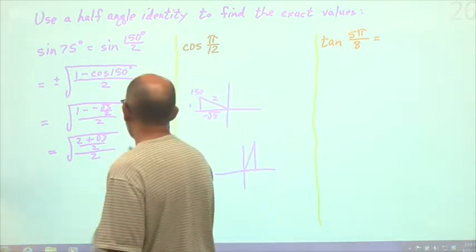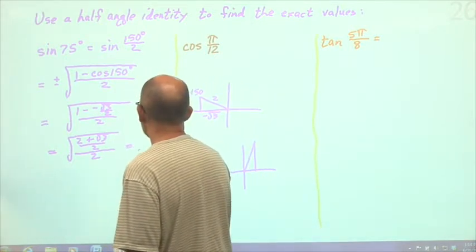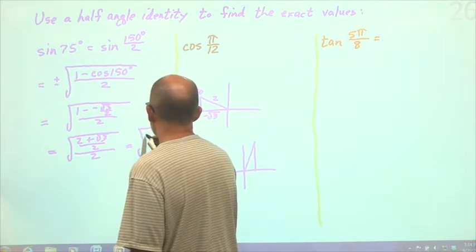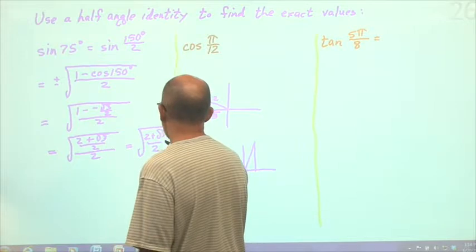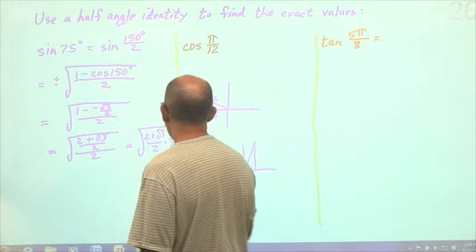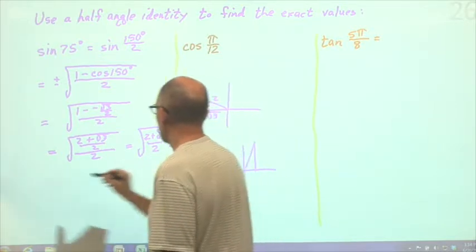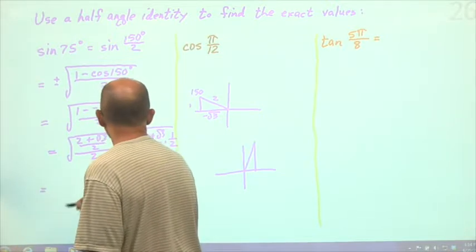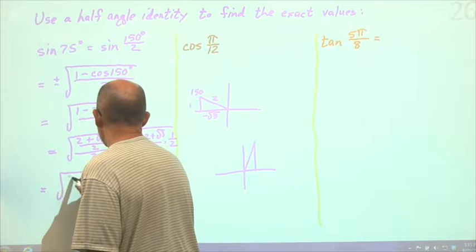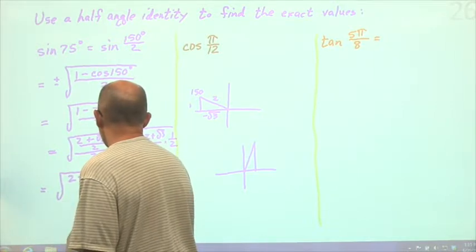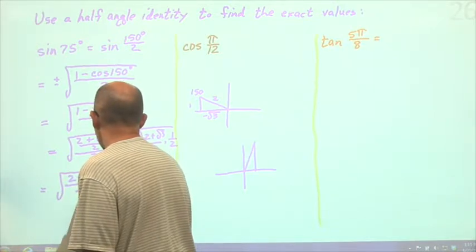Now, when I flip the bottom and multiply, I have 2 plus square root of 3 over 2 times 1/2. And so this equals the square root of 2 plus square root of 3, all divided by 4.